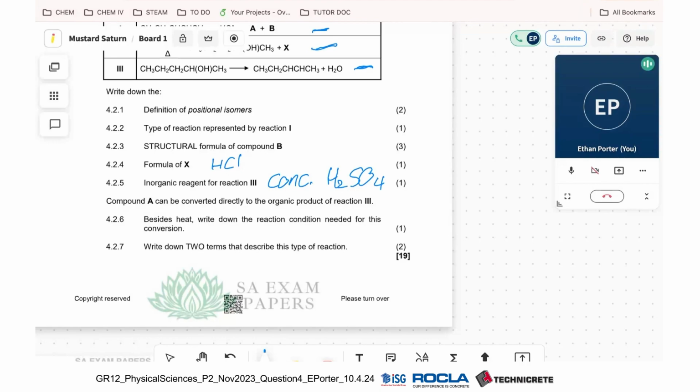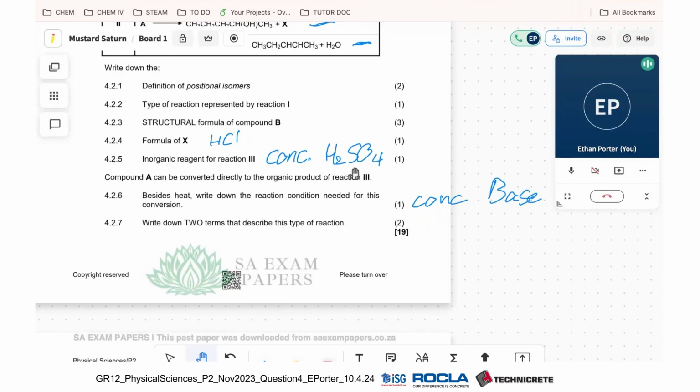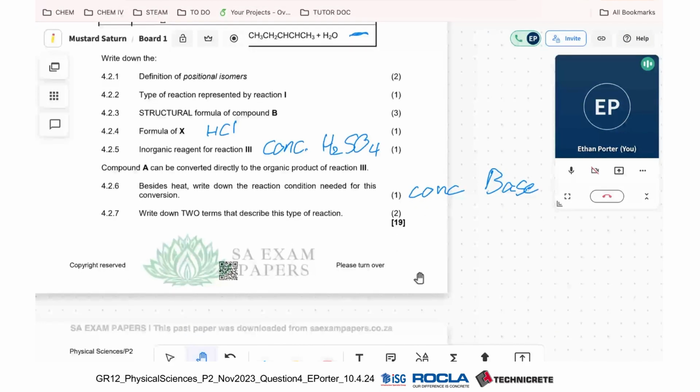So for the product of reaction 1 to the product of reaction 3, this is where the concentrated base comes in. So I got a bit mixed up there. It's very easy to get mixed up with all these reagents, all these different things you just have to memorize. It's useful to write down a crib sheet and memorize it and practice it, so that you don't make these mistakes like what I just did. You see how easy it is to get confused.